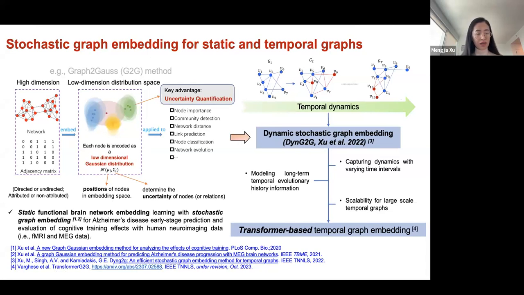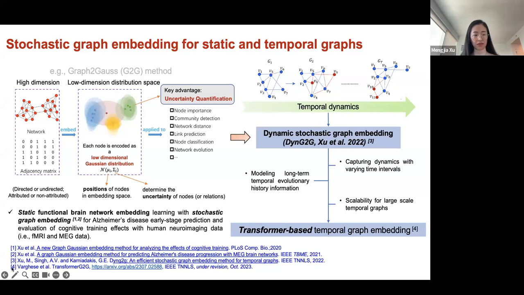Basically, we focus on functional MRI data and MEG data sets. They are two different neuroimaging modalities to measure brain activity in the human brain of Alzheimer's disease patients. So these are the first two papers corresponding to these two works.